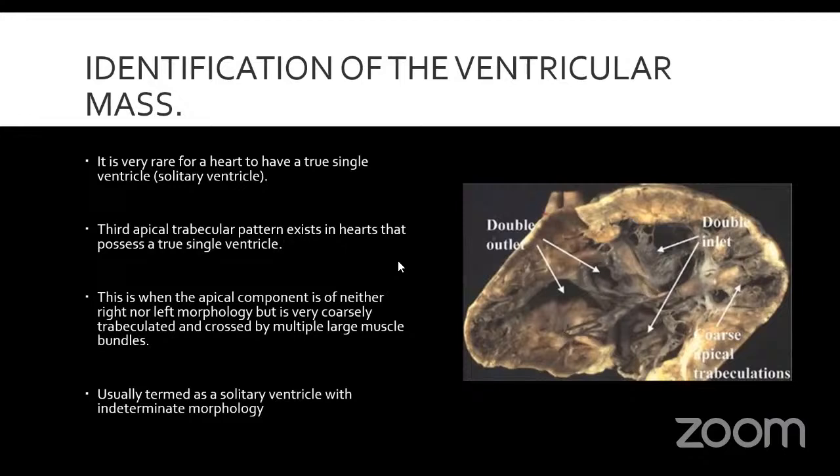Usually the apical component in solitary ventricles doesn't fit the description of the left or the right. It's usually very coarse and crossed. Usually the isolated or solitary ventricle is termed indeterminate morphology.